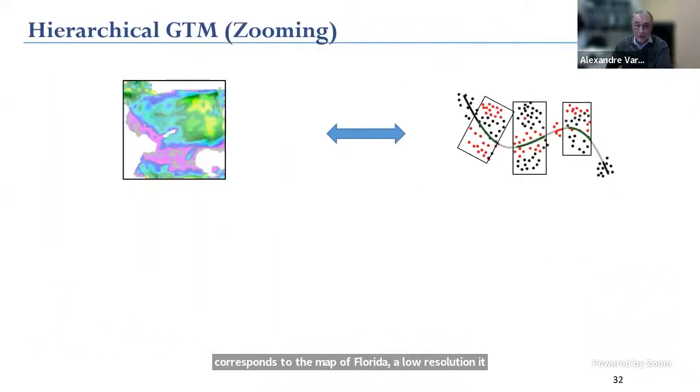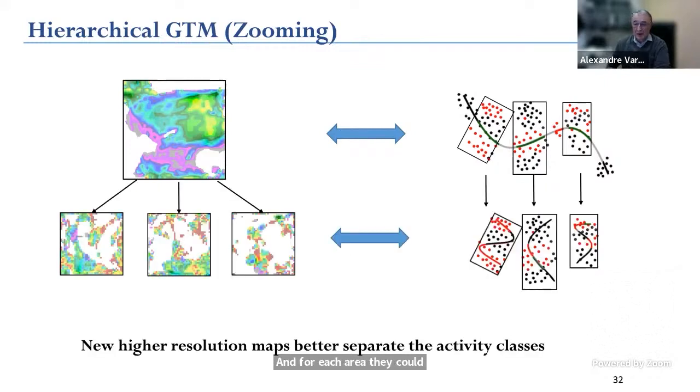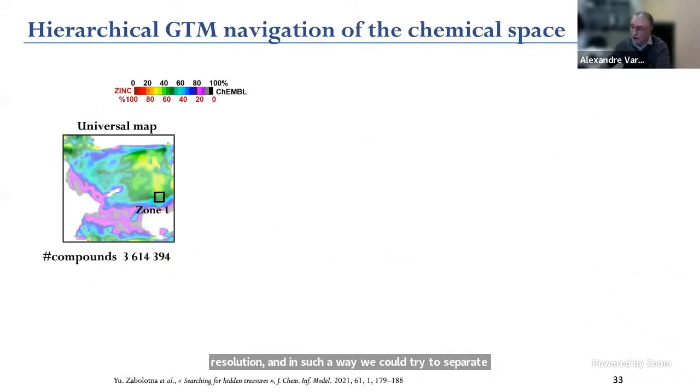What we can do is select particular areas, and for each area, we could create a separate map, which corresponds to a series of maps of better resolution. And in such a way, we could try to separate the classes. So this technology has been applied to this particular case. So we select each zone. So for example, zone 1 here, which is green, which means it's 50-50 ChEMBL and ZINC.